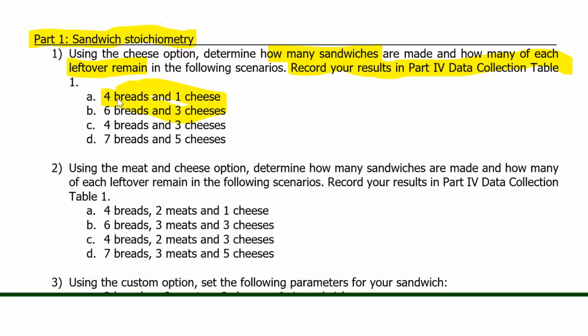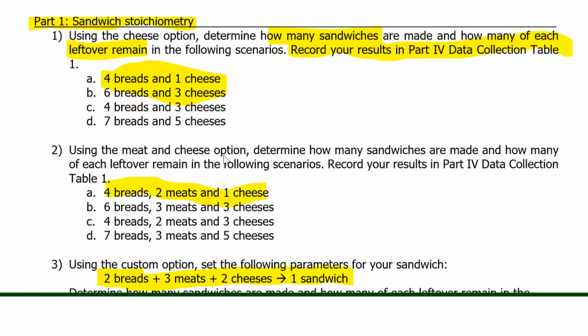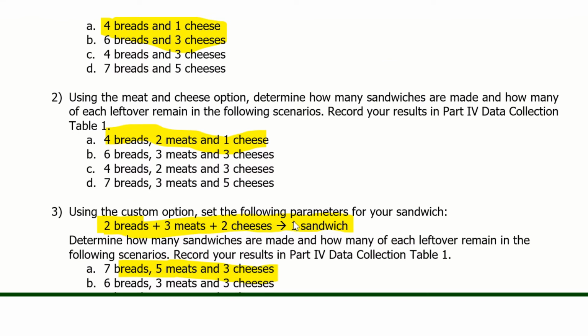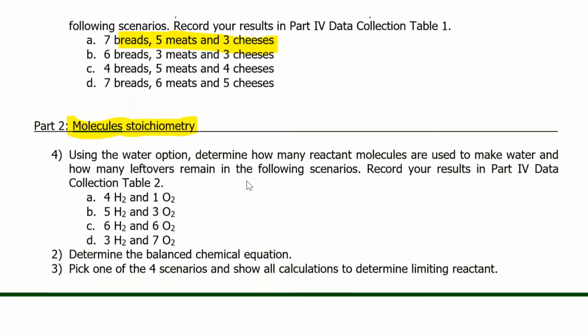So first just bread and cheese, and then bread, meat, and cheese, and then bread, meat, cheese, but you are customizing your own recipe. You want your sandwiches to have 2 breads, 3 meats, 2 cheeses. So very specific, okay? So you change the recipe up a little bit. Again, you're going to record the data.